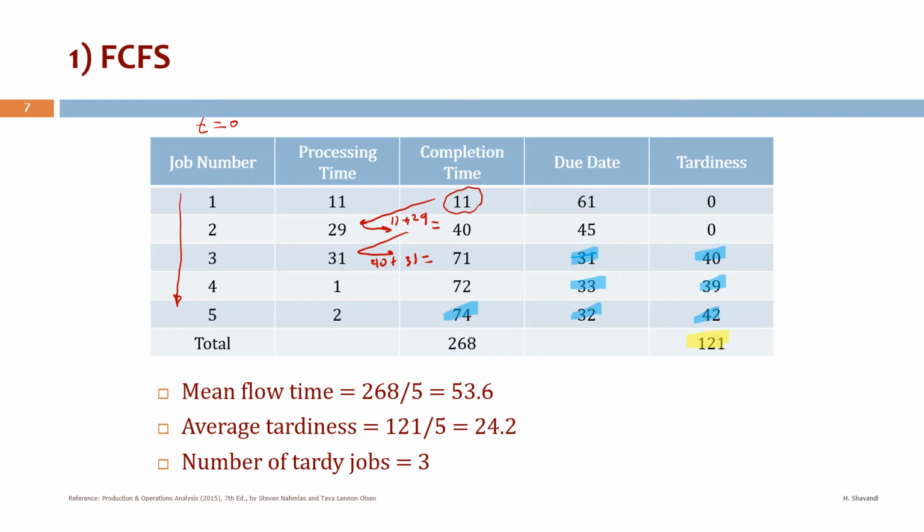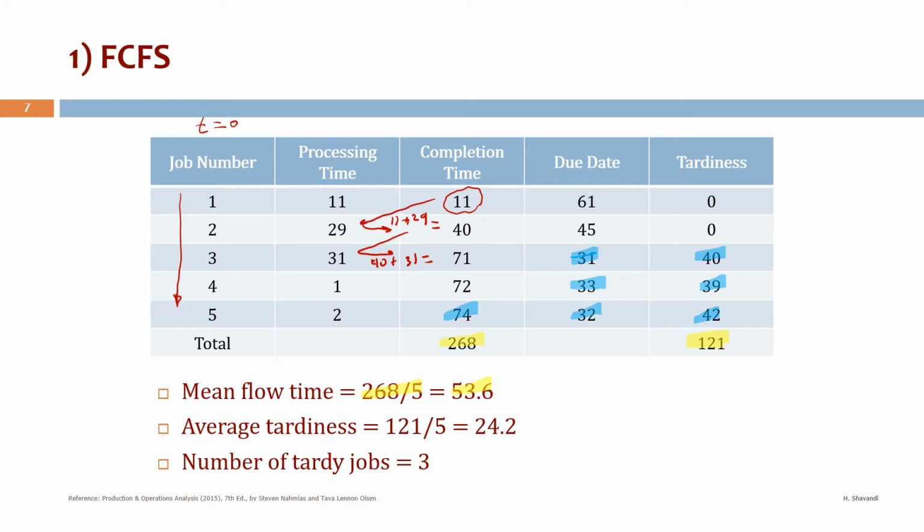We can calculate the mean flow time. If we take the sum over the completion times, which is 268 here, and divide this by the number of jobs, it will be the mean flow time. It's 53.6 days here.